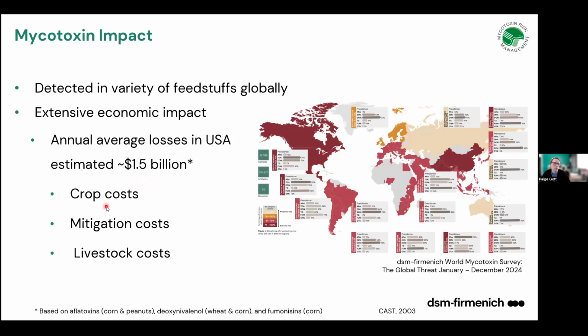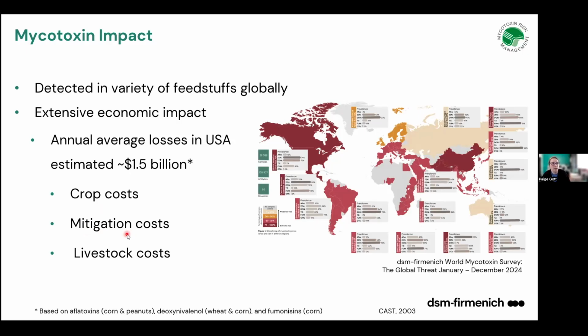The grain producers can be discounted at the elevator when they go to sell their corn, for instance, if there is contamination, or generally corn that's had diseases and may have mycotoxins would have a lower test weight. So there are different reasons why they might get discounted. Obviously, costs related to mitigation and trying to limit those mycotoxin issues, both on the crop side and on the animal side, add up, as well as testing.